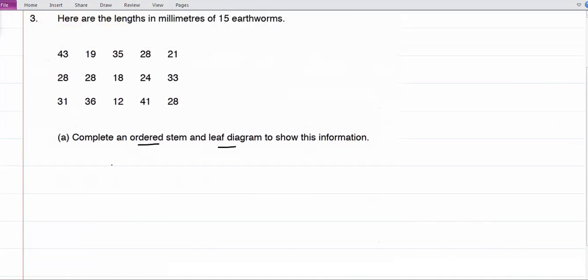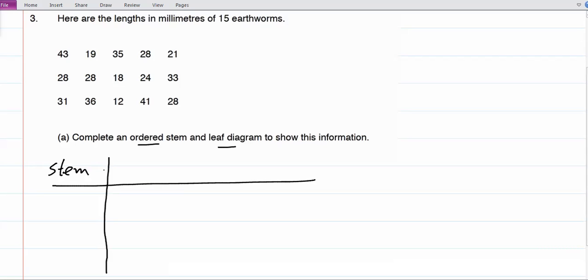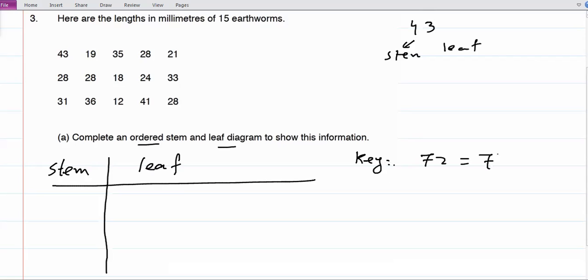For a stem and leaf diagram, what we have to do: first write here stem and here write leaf. Now we know very well, if I write for example 43, this is stem and this is leaf. So you have to write a key for your stem and leaf diagram also. What will the key be? Choose any 2-digit number, like 72.